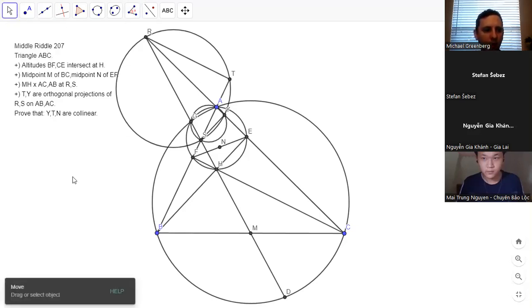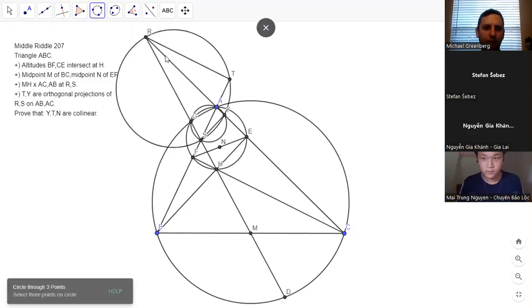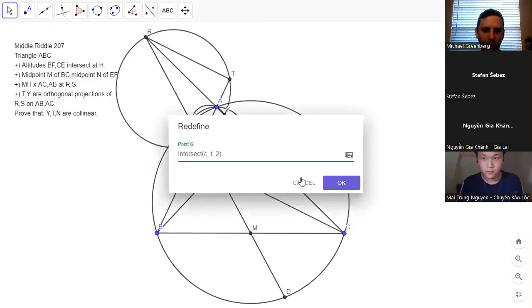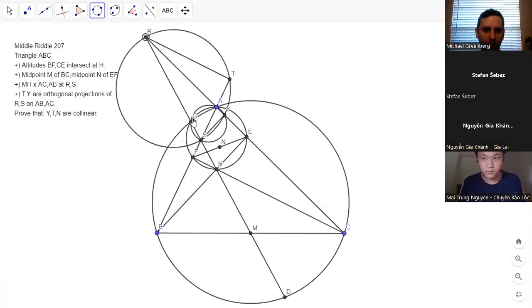Okay. By a spiral similarity. So, as you've already seen, GAYS and RTYS is cyclic. Yeah, also RTAG is cyclic. That is also obvious by 90-degree angles. We can just look at GAYS for now.